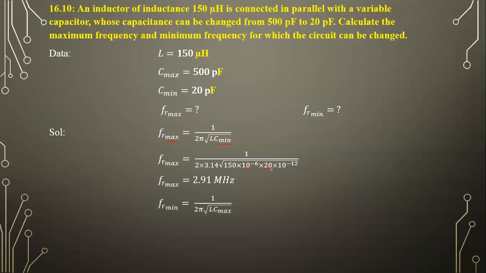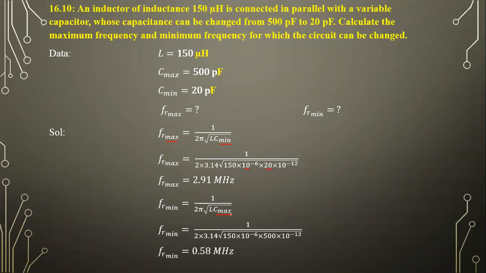For the minimum, it should be 1 over 2 pi square root of L C maximum. For minimum resonant frequency, there should be maximum capacitance, that is 500 picofarad. So it becomes 0.58 megahertz. So in this electric circuit, the minimum frequency obtained is 0.58 megahertz and the maximum frequency obtained is 2.91 megahertz.